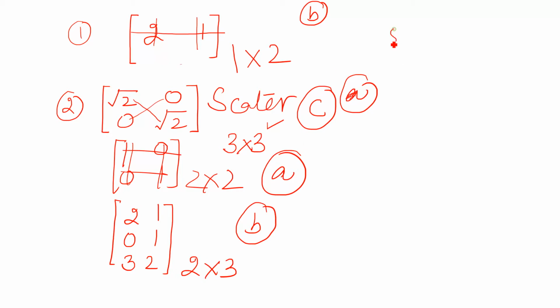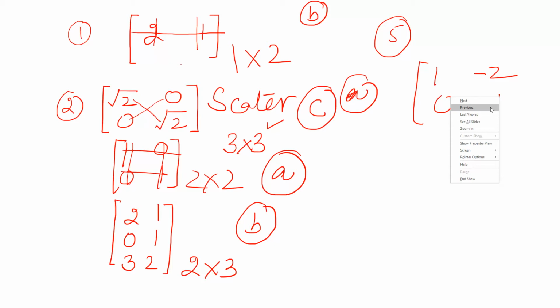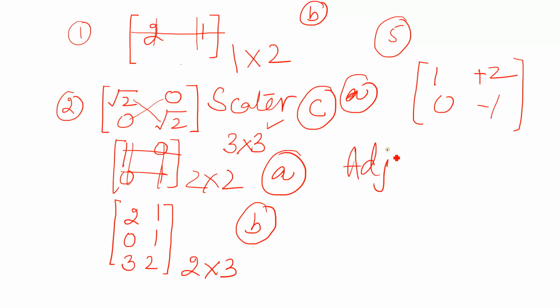And the fifth is, I will solve it here, adjoint. Adjoint of 1, 2 and 0, and this is -1. This is positive, right? So how will you find adjoint? Very easy, right? There are 4 choices A, B, C, D, but first you have to solve, then you can match your answer. So what is the rule for adjoint?